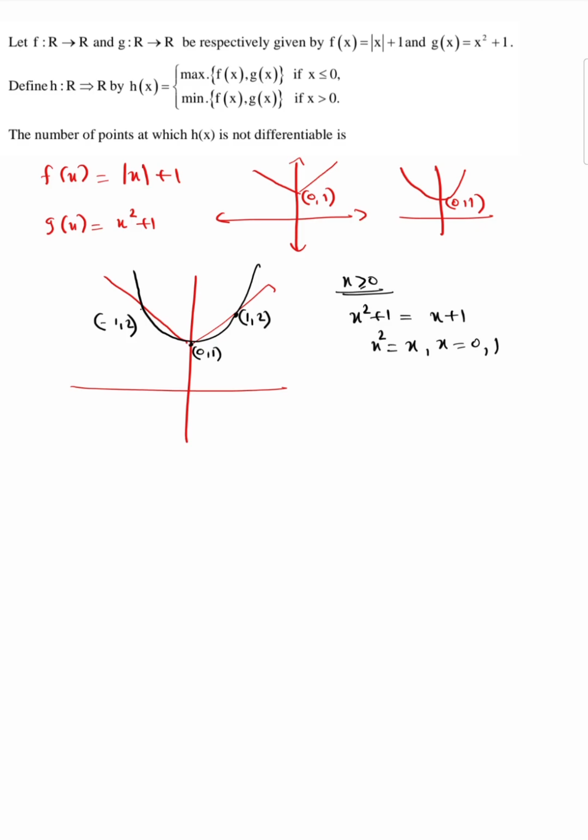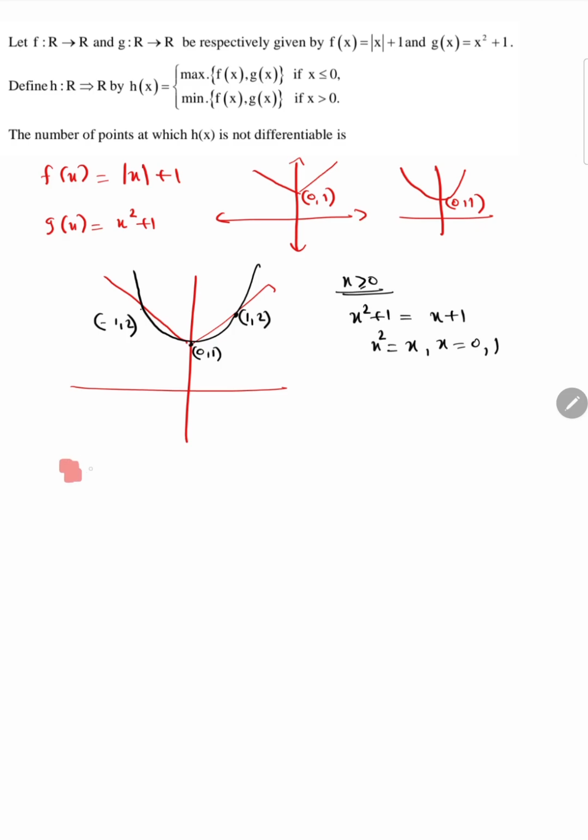We need to take its maximum. In the question they have said that h of x is equal to the maximum of f of x comma g of x when x is less than or equal to 0. So we should consider the case of x less than or equal to 0, the left side. When you take the left side, the maximum of f of x comma g of x is needed.